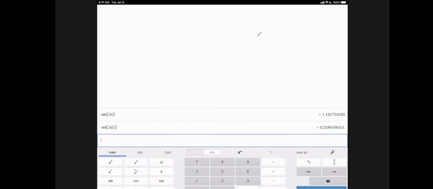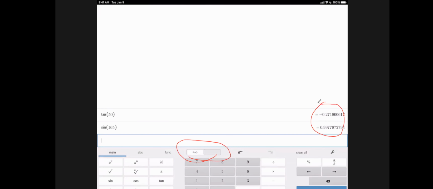It might seem kind of trivial, these examples, but you do want to follow along with your calculator and make sure you can get these values. For example, if I change it over to the radian measure, you can see how these values change.